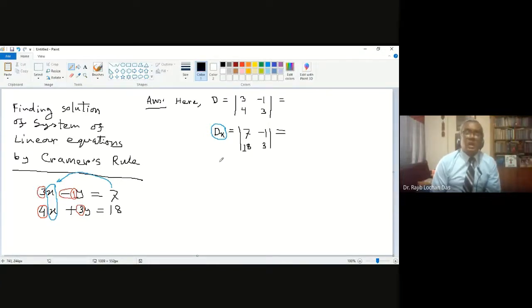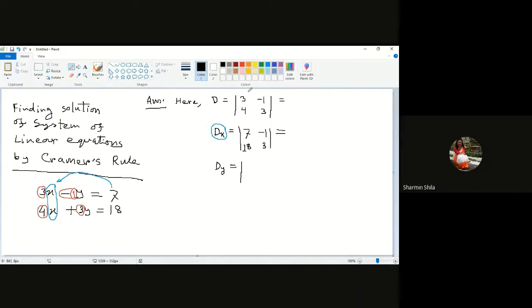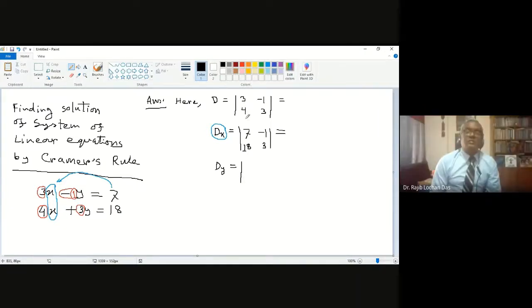And the third determinant is Dy. So how will the Dy come? In this case, 3, 4 will be the same thing as in the first determinant D. Only the change will be the y column.